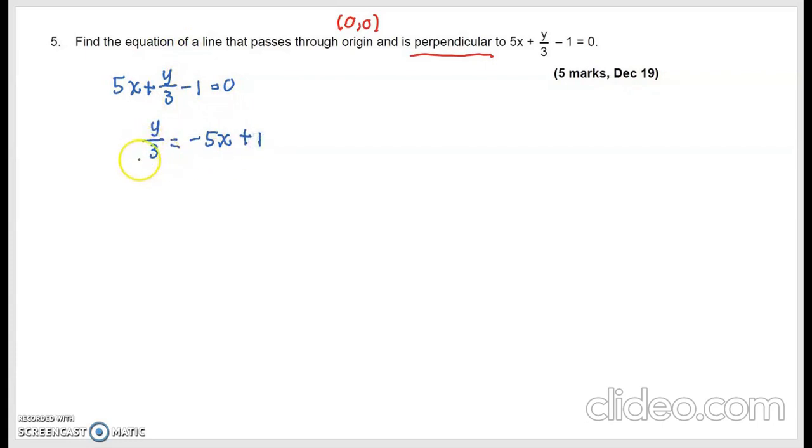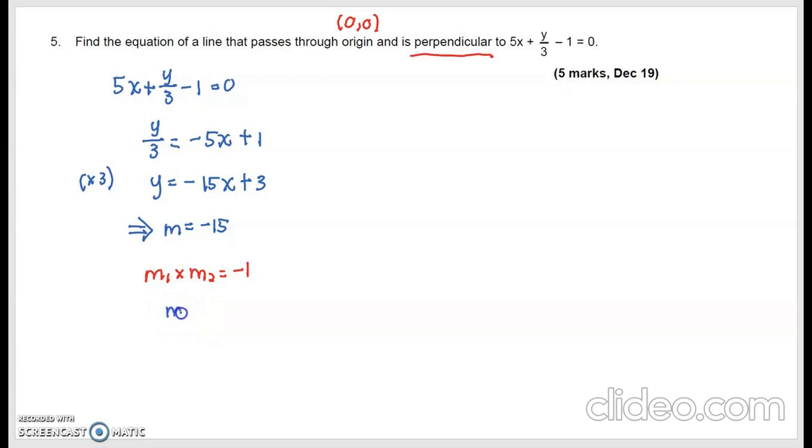So in order to eliminate 3, I will multiply by 3. So here will be y equals negative 5 times 3, negative 15x plus 3. So the gradient for this line will be m equals negative 15. Remember, here is perpendicular. So for perpendicular, we have to use m1 times m2 equals negative 1.